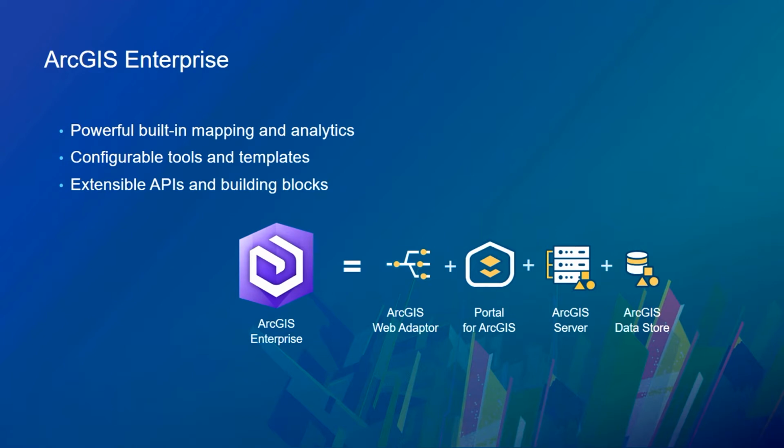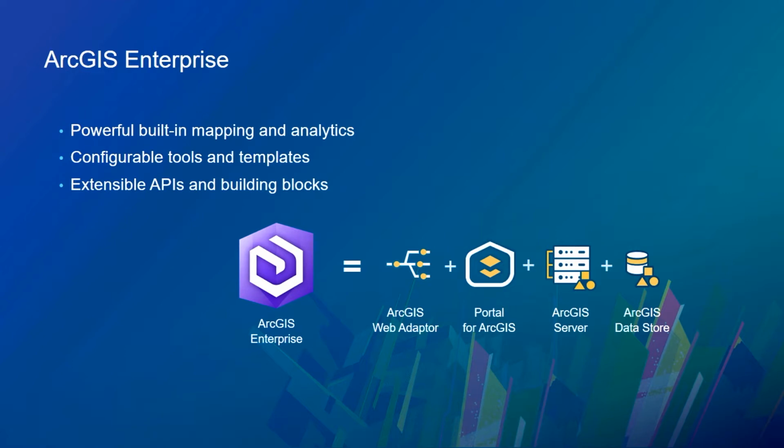The heart of ArcGIS Enterprise is really these four components and some versions of these four components. There is the web adapter, which is basically just a software load balancer, followed by Portal for ArcGIS, which is a map-based content management system that comes with configurable templates and applications. It does your identity management and group-based sharing. And then you have the ArcGIS Server.